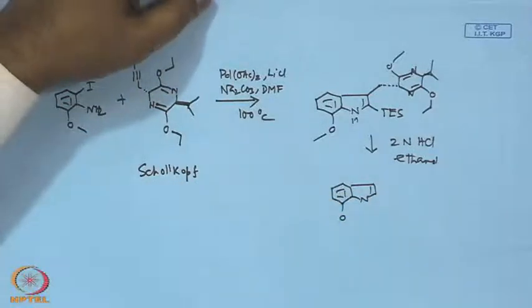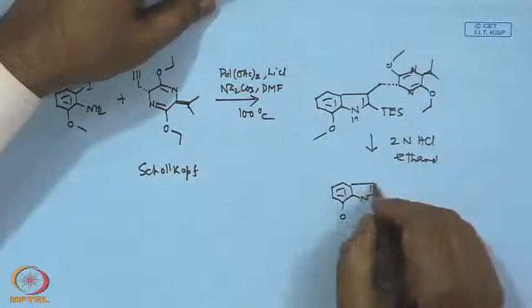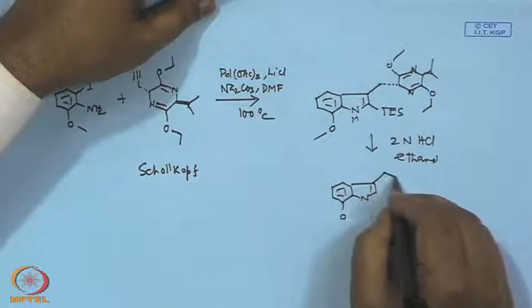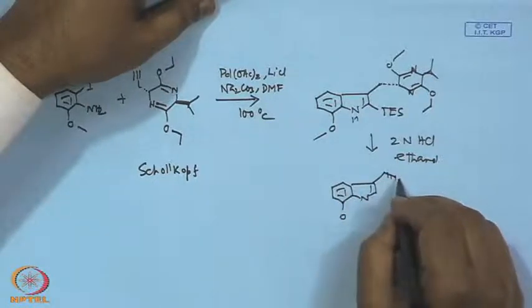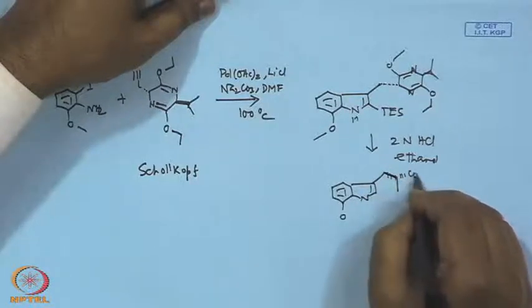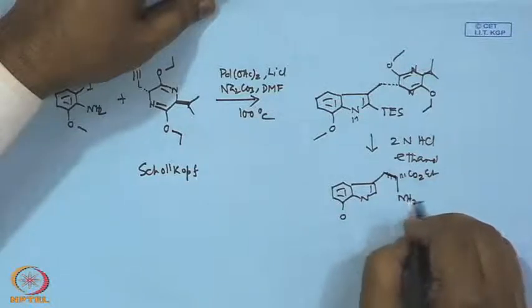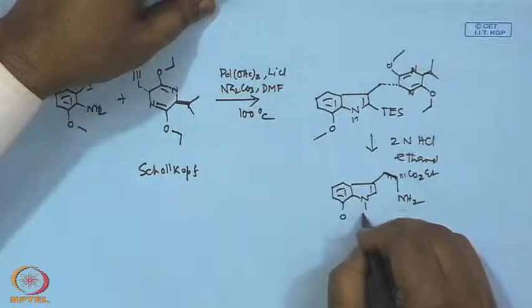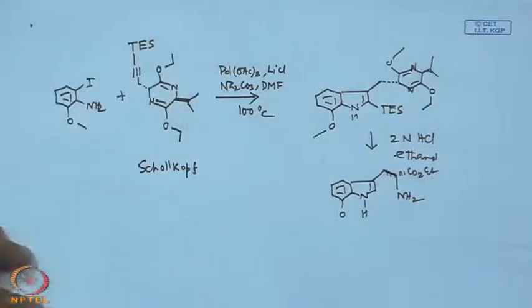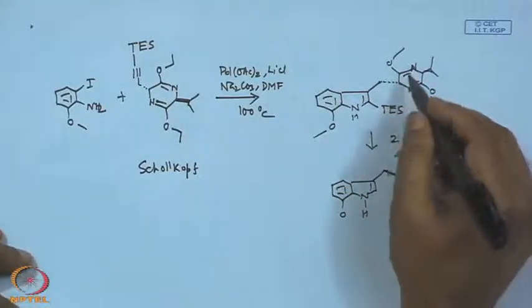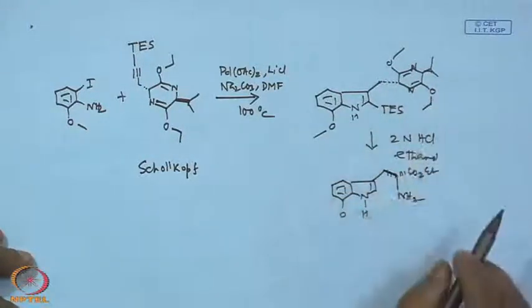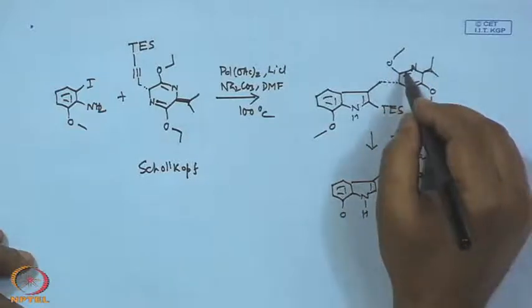Hydrolysis would give you this amino group here, the ester here, and of course it hydrolyzed this heterocycle, that pyrazine derivative, the Schiff's base, right.